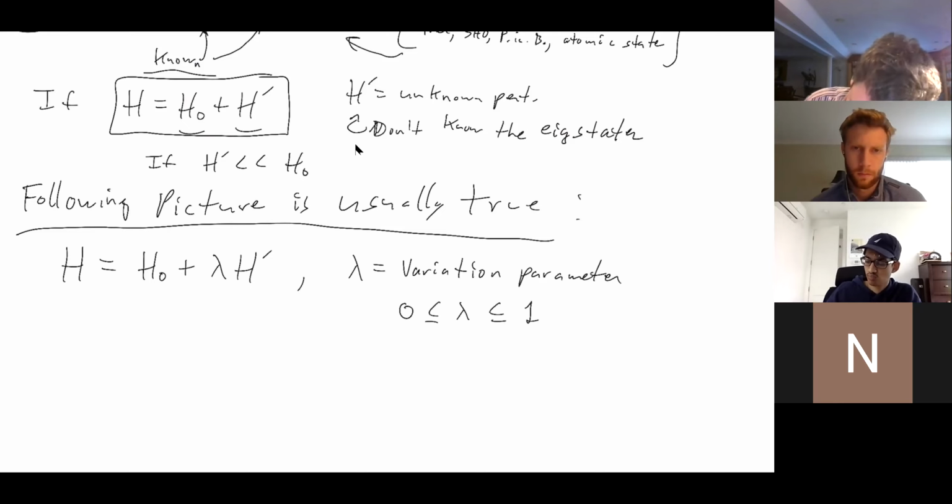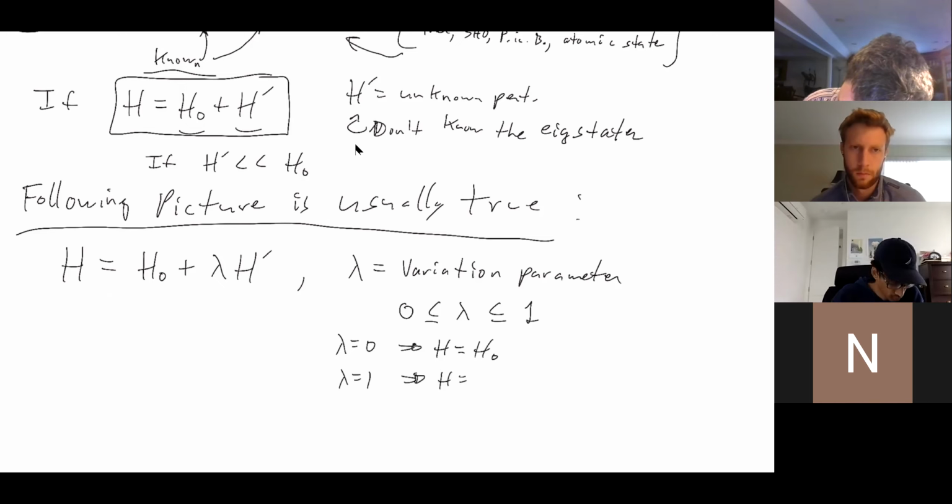If lambda equals 0, then my Hamiltonian is the known Hamiltonian. And if lambda equals 1, then my Hamiltonian is the Hamiltonian that I care about. This is the one we want to solve.